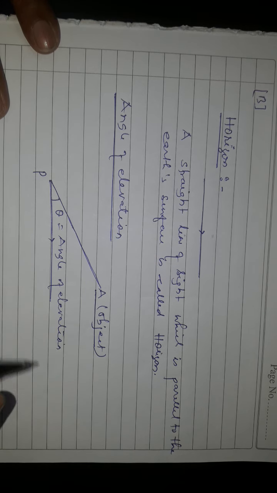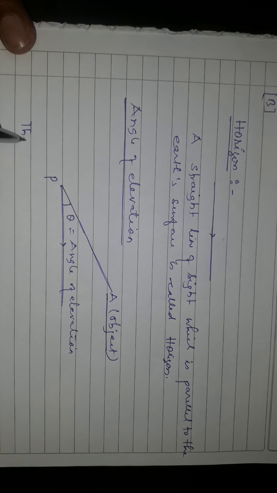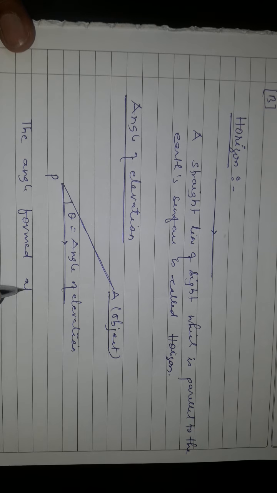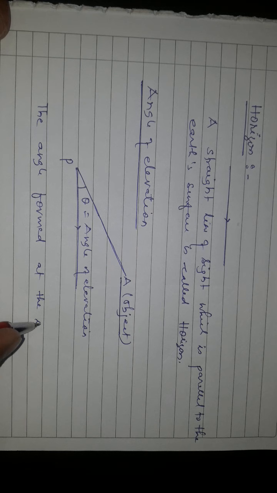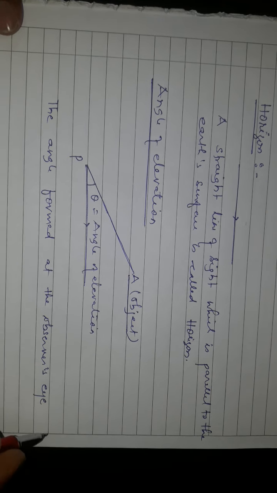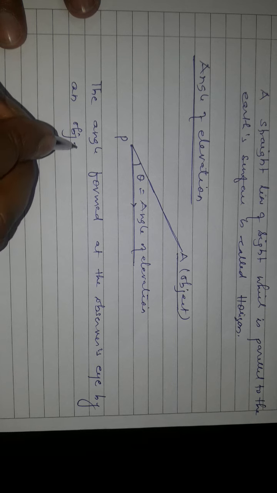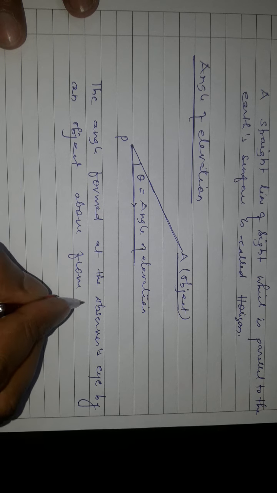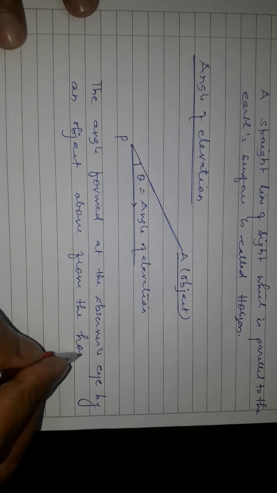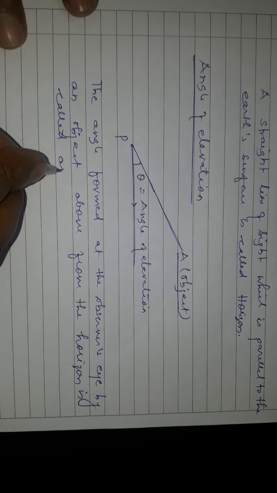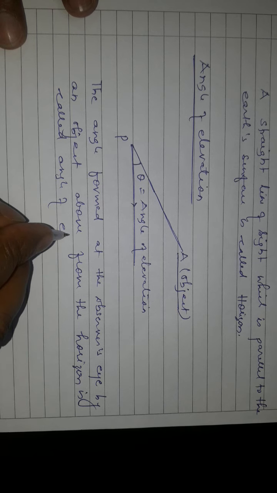That is, we can define here the angle formed at the observer's eyes by an object above the horizon is called angle of elevation.